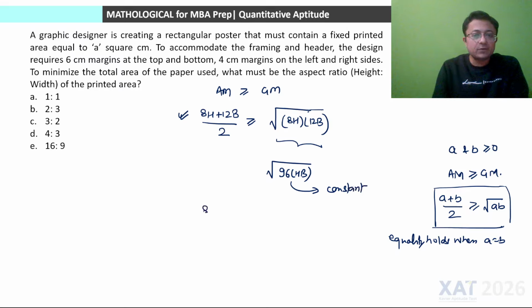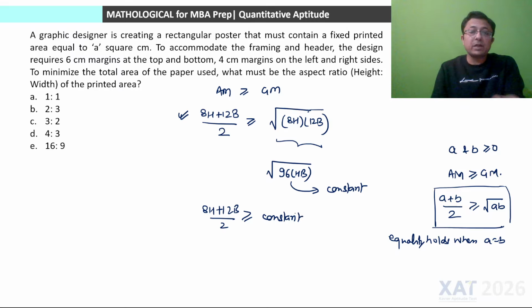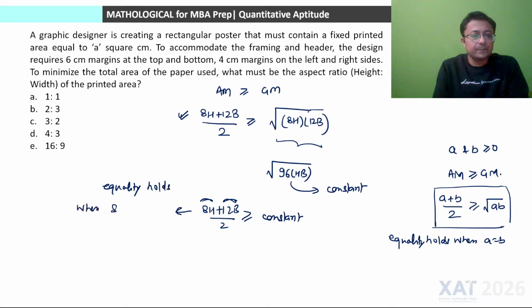So 8H plus 12B by 2 must be greater than equal to some constant. या तो उससे बड़ा होगा या बराबर होगा. कब बराबर होगा? इक्वालिटी होल्ड्स व्हेन 8H इज इक्वल टू 12B. और इक्वालिटी जब होगा तभी तो मिनिमम वैल्यू होगा, क्योंकि अदरवाइज तो उससे बड़ी वैल्यू होगा. ठीक है, तो डेफिनेटली मिनिमम वैल्यू ऑफ 8H प्लस 12B व्हेन इक्वालिटी होल्ड्स. इक्वालिटी होल्ड्स व्हेन 8H इज इक्वल टू 12B, which implies कि H by B is equal to 12 by 8 is equal to 3/2.